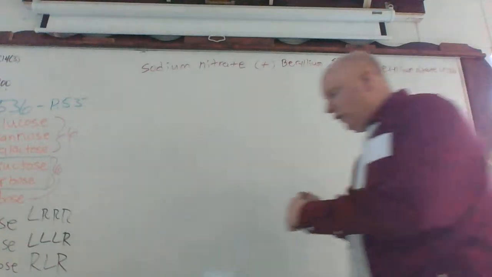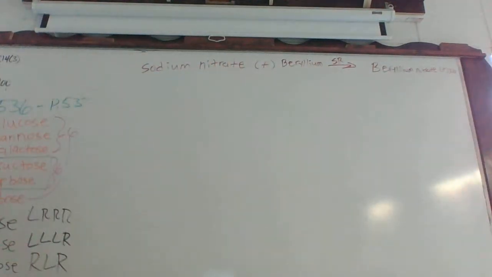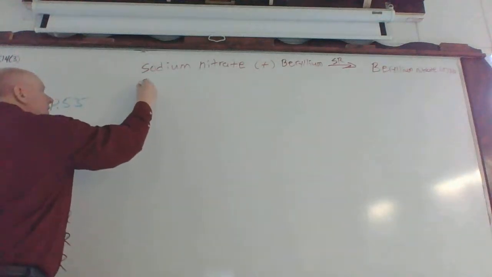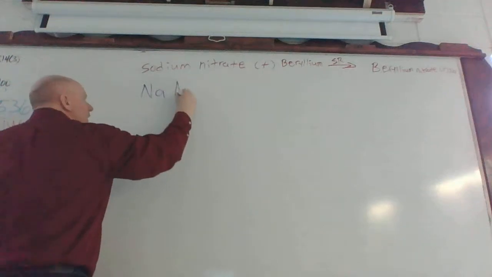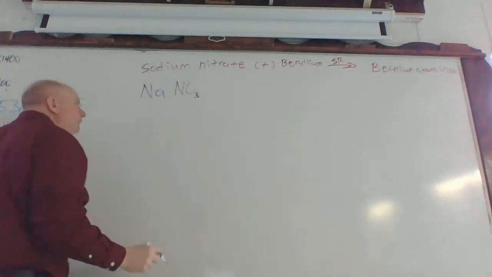So our formula, as we know, for sodium nitrate, sodium is Na. The nitrate ion is NO3.